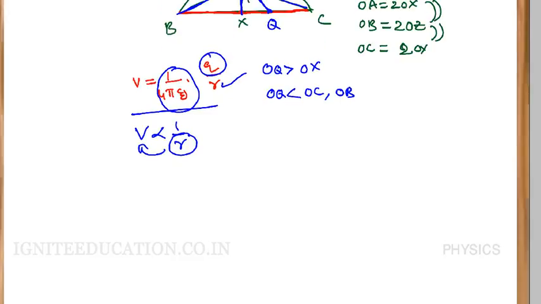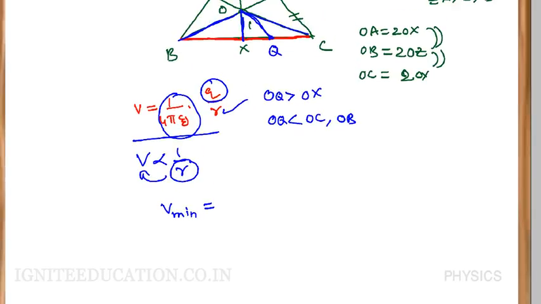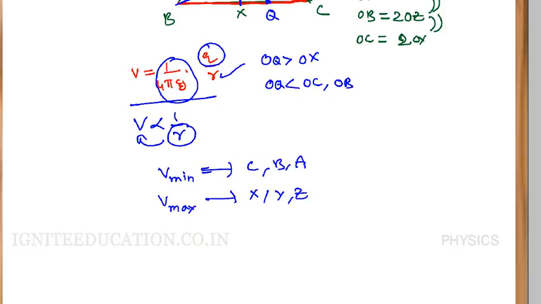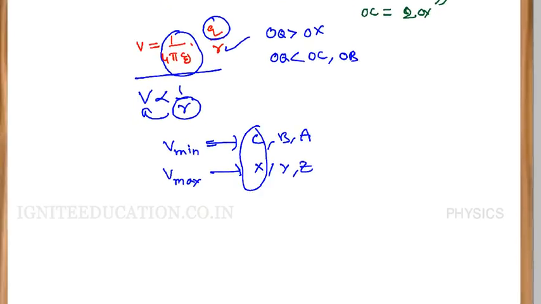So where will we get V minimum? You will get V minimum at C, B or A, the vertices. You will get V maximum at X, Y or Z, the midpoints. So consider C and X points.